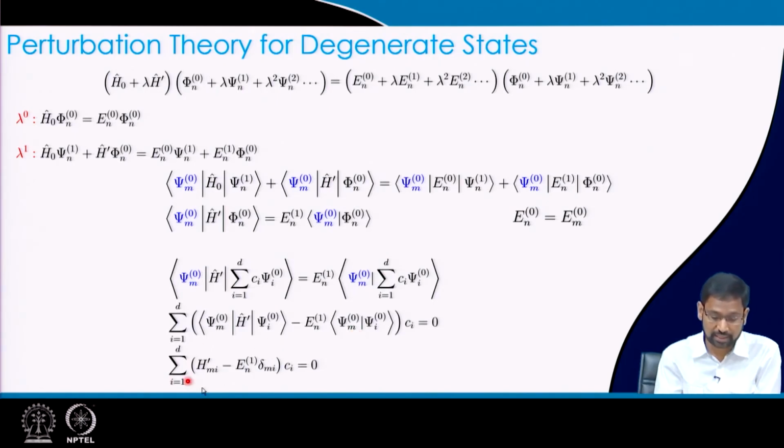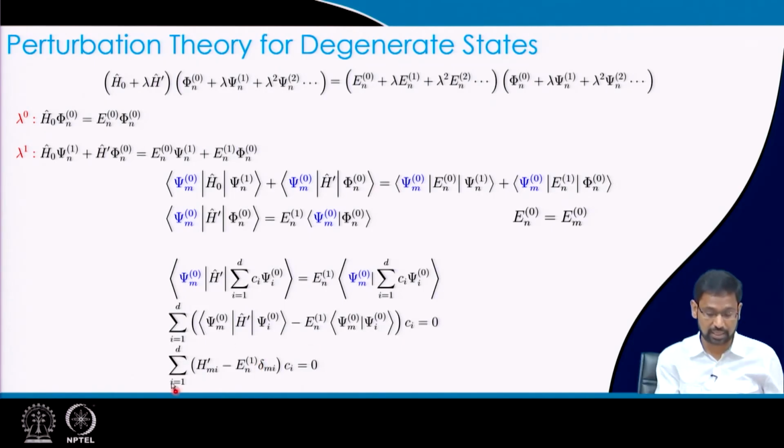Now I see that I have got d number of linearly dependent equations. So I have a secular equation to construct, a d by d determinant. I already saw this kind of equation when I was talking about the linear variational principle. The only difference is that here I have delta mi, which is either 1 or 0, unlike in the linear variational principle. In this case, I do not have overlap matrix elements to worry about.